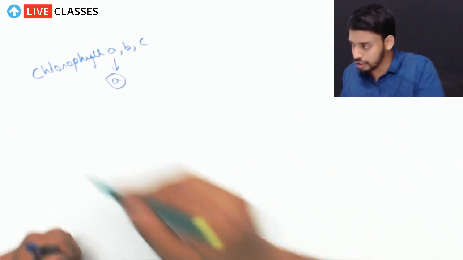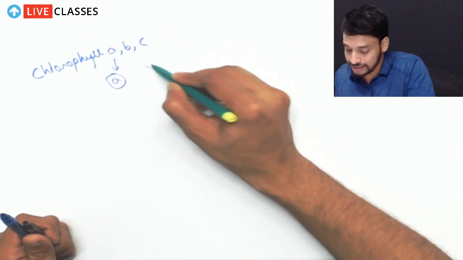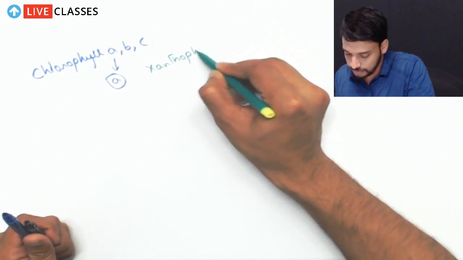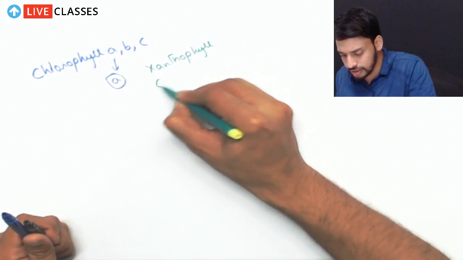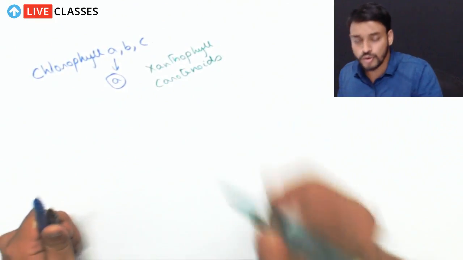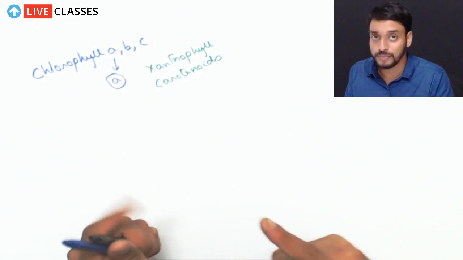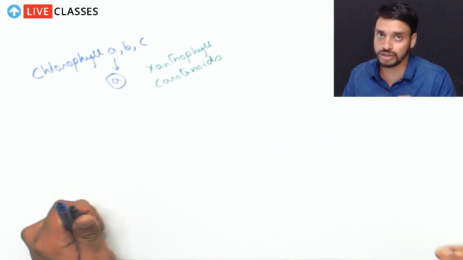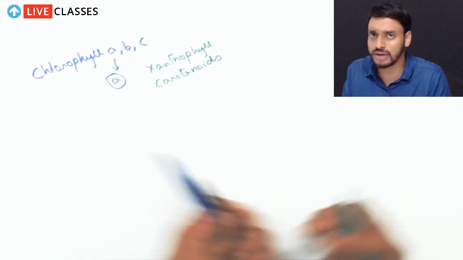In addition to that, there are certain pigments called xanthophylls, and there are carotenoids. If you recall, when we started our discussion we talked about a variegated leaf, and we put a question mark: why these different kinds of color?